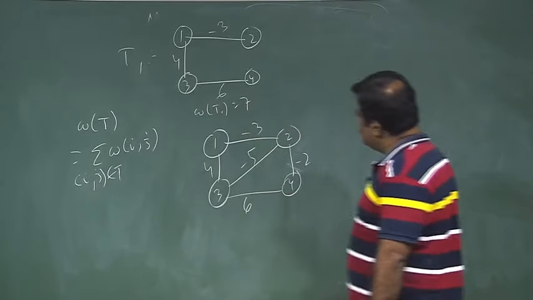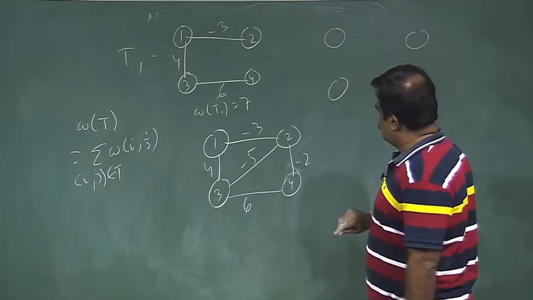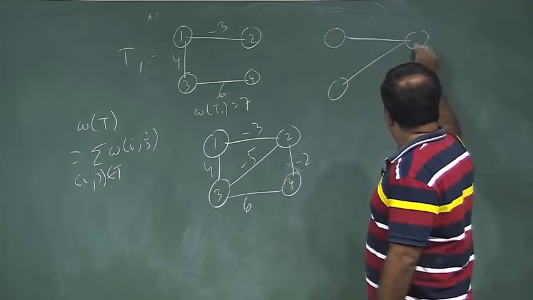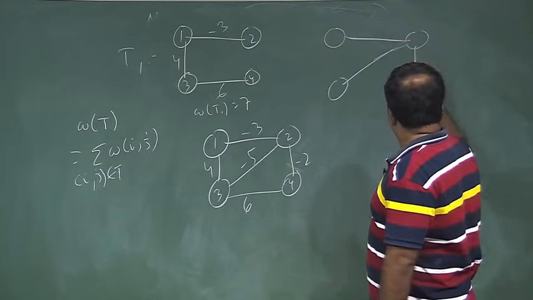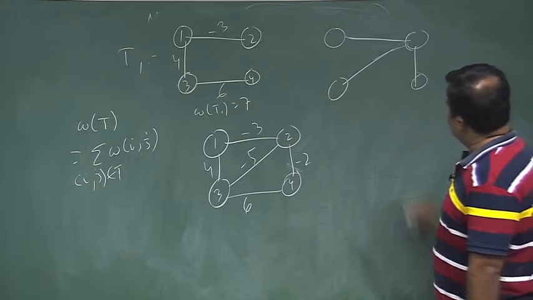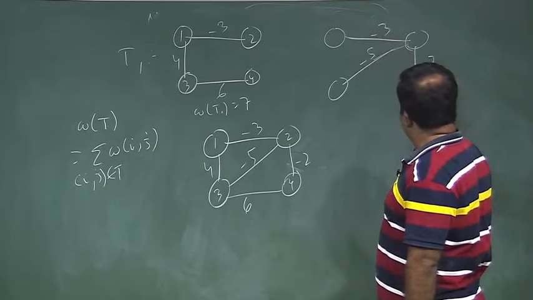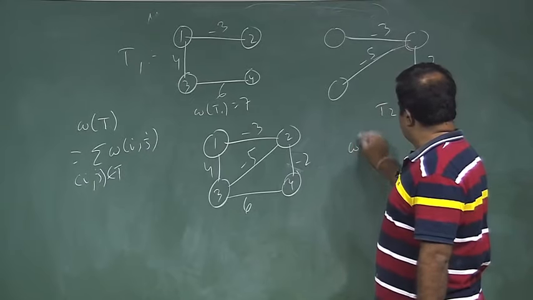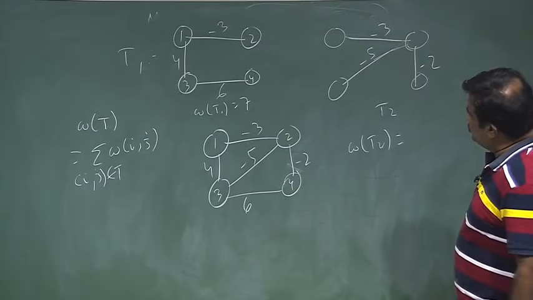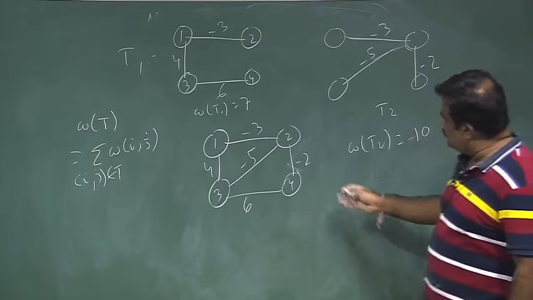Any spanning tree we have, so we can have this tree, this one, and this one. This is also a spanning tree. Its weights are -3, -5, -2. If this is T2, the weight of T2 is -10. And we have another tree like this.